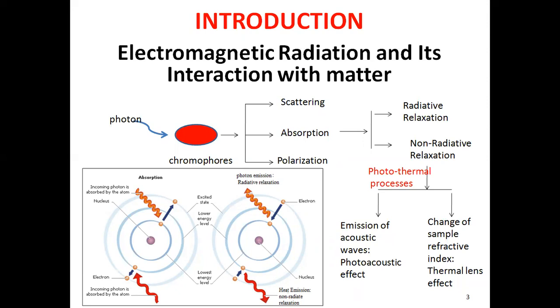There are two main mechanisms that can happen, either radiative relaxation, where the molecule emits a secondary photon, or non-radiative relaxation. Non-radiative relaxation gives rise to photothermal processes, which could include photoacoustic effect or thermal lens effect.